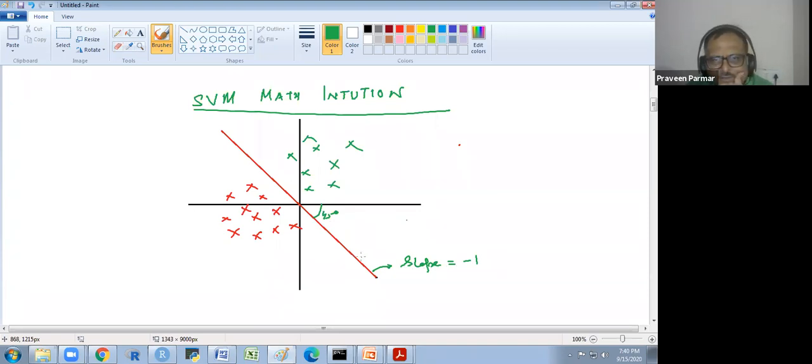And we see the equation of this line is the transpose of that vector, w transpose x, plus b equal to 0. This is our equation of this line. This is a vector, and we are using the transpose of the vector. A few more things I would like to explain.